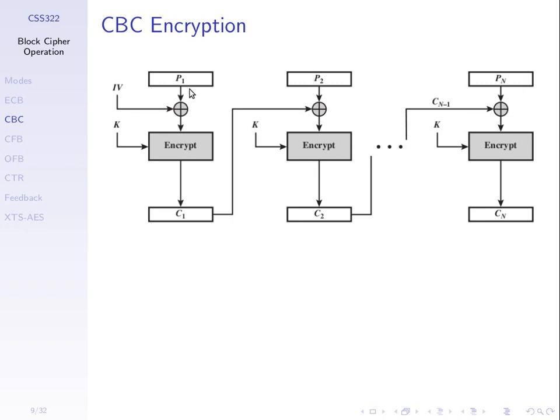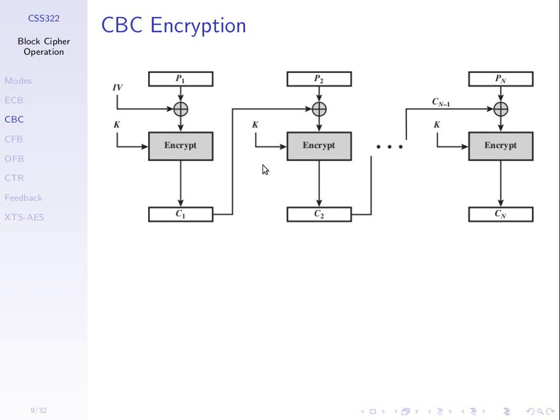Take our first plain text block, P1, XOR, this is the exclusive OR operation, XOR that plain text with our initialization vector. That will give us another value, and we take that value and encrypt that output of the XOR using our secret key, we'll get C1 as output.